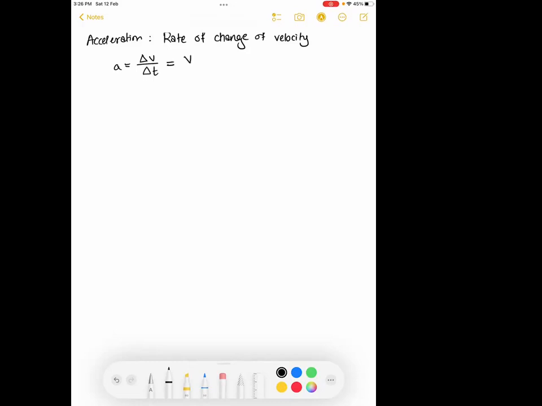You can simply write it as v minus u divided by del t. What is v? V is the final velocity. And what is u? U is the initial velocity. And obviously del t is the time taken.